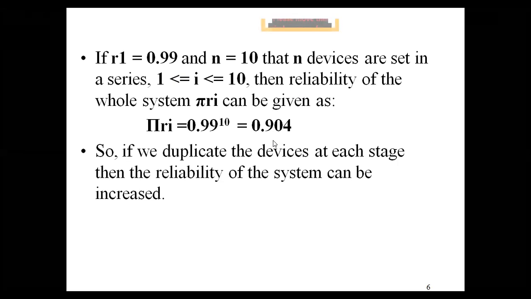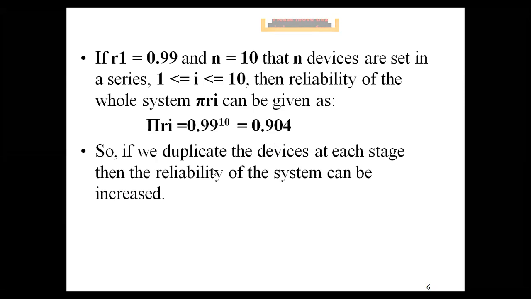Now compare. Even though the reliability of each single device is close to 1, the reliability of all these devices together is 0.904. That means the reliability is reduced.